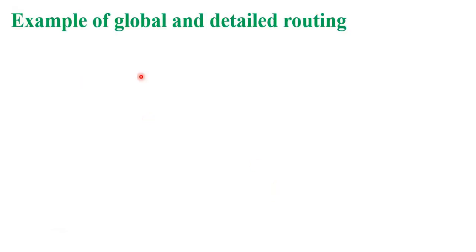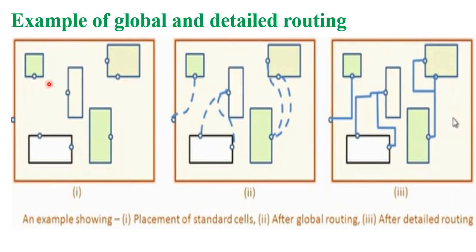And see here the examples of global and detailed routing. This is nothing but the standard cell placement. So here I can place my connections like that. The second one is the global routing. Global routing means it does not interconnect pins in the present way.